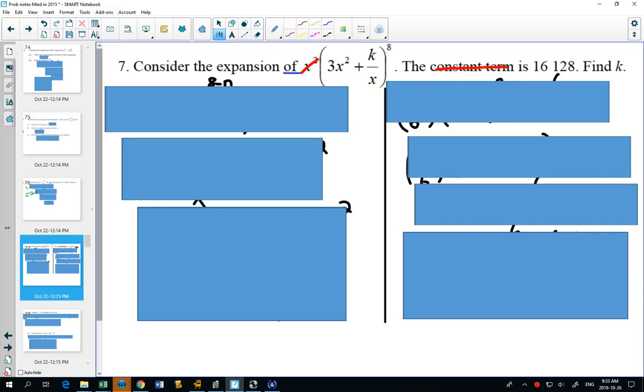Sorry? Close. You're very close. If I multiply x to the 2 times an x to the 2, I'll have an x to the 4. And it wouldn't be the constant term. What would it have to be the constant term? Okay? If I just found the constant term in this one, and then I multiplied it by x to the 2, it would no longer be the constant term.